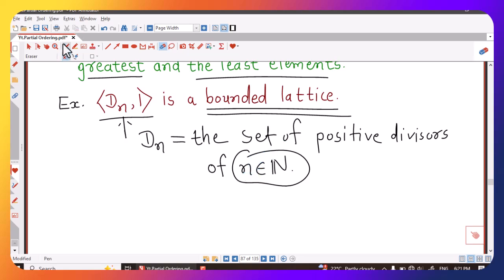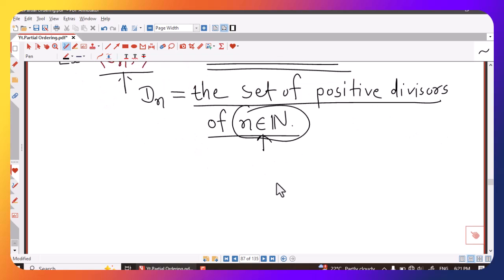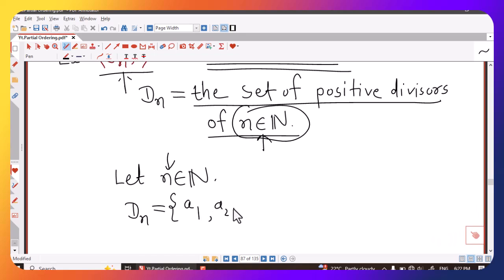The least element is that element which will divide every positive divisor of a natural number n. So suppose n is a fixed natural number, and in Dn we are considering positive divisors of n. Here n is arbitrary, so we assume that a1, a2, up to am are elements in Dn, where each ai is a divisor of n.